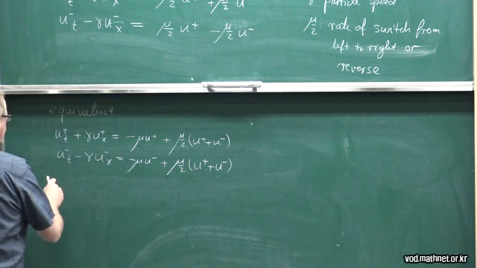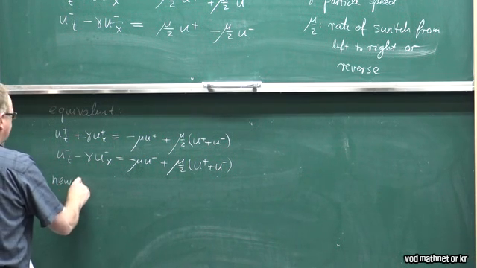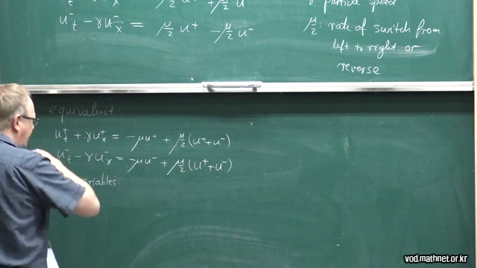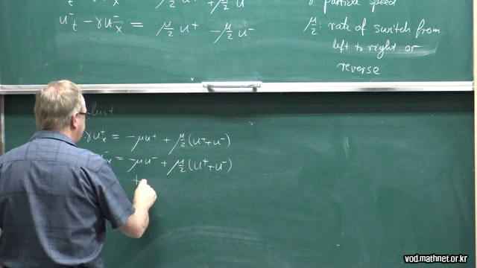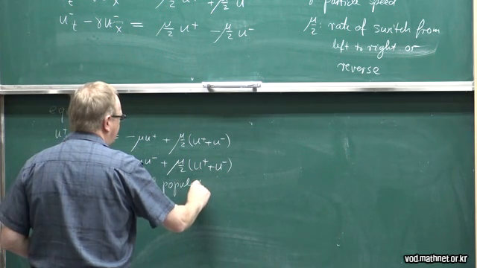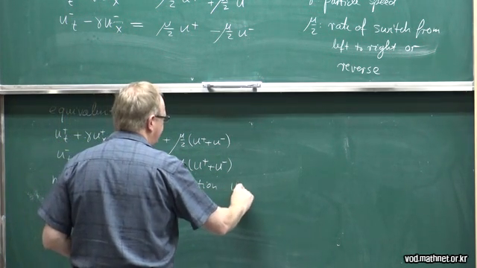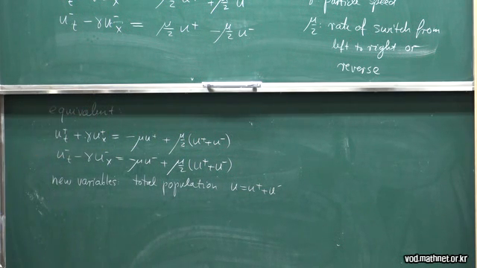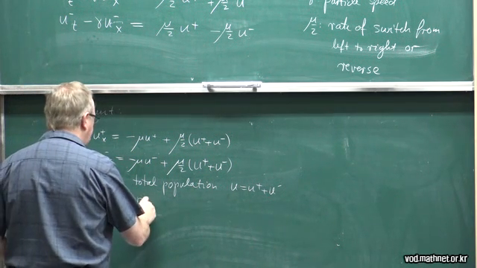So let's introduce new variables. The total population density, total population, which is u plus plus u minus. And then another variable for the difference. But now the difference I multiply with the speed, and then together it will be a population flux.